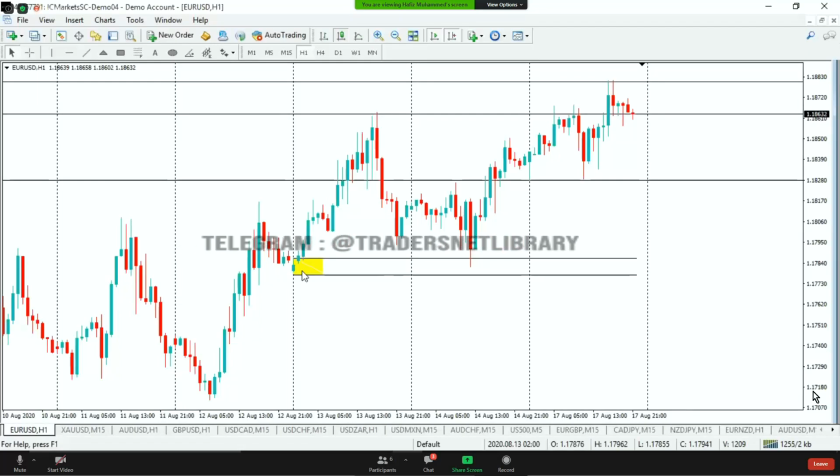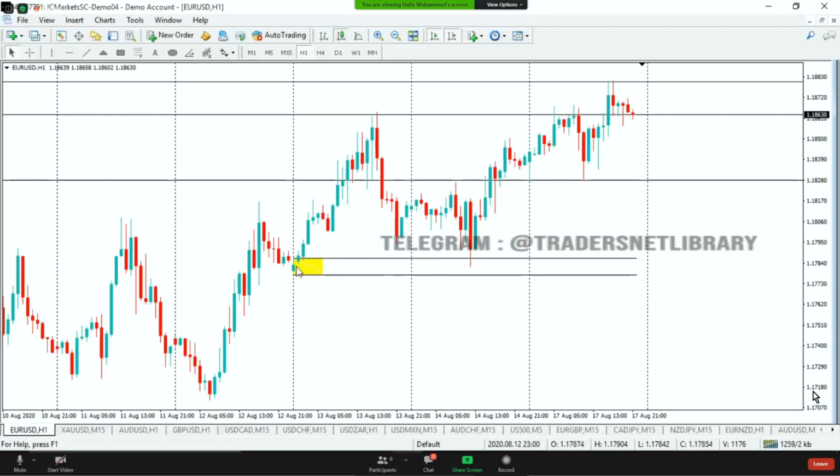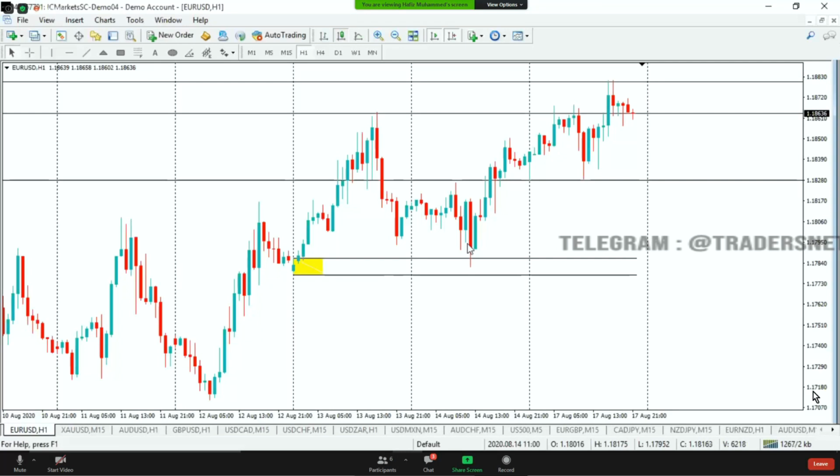A gap is created due to insufficient orders for them to be executed fully. That's why the price had to come and fill this gap that was created here. The imbalance led to the creation of that gap. The price had to go and look for sell orders to pair with the too many buy orders that were in this imbalance. Assume there were 1,000 buy orders, but the current market price wasn't availing 1,000 sell orders, because for someone to buy, there has to be someone willing to sell.